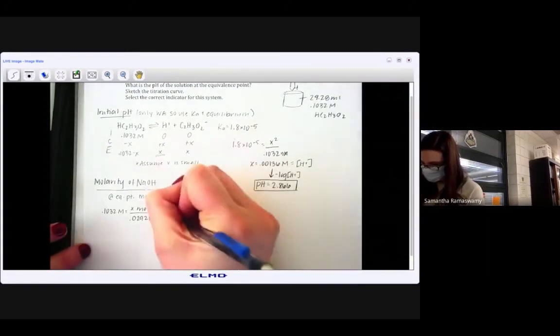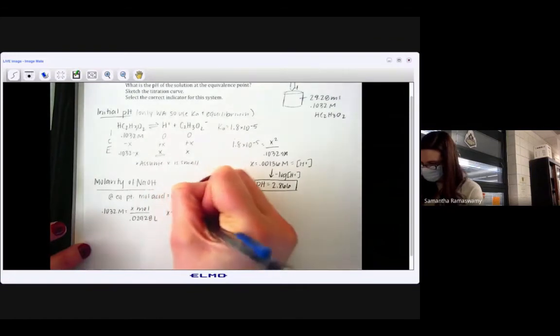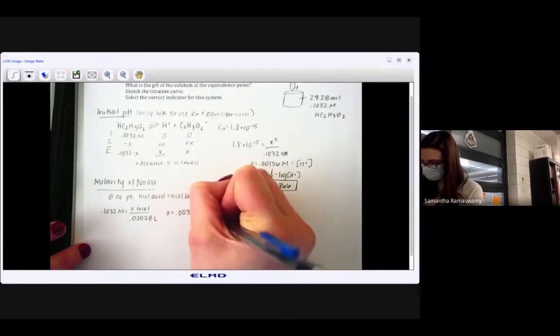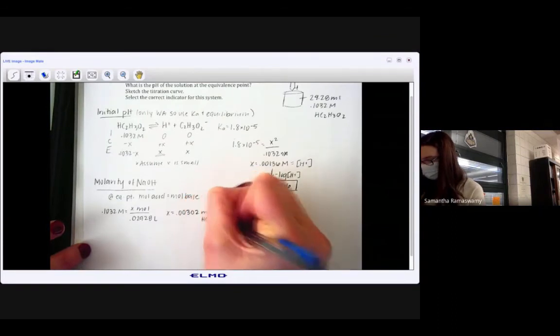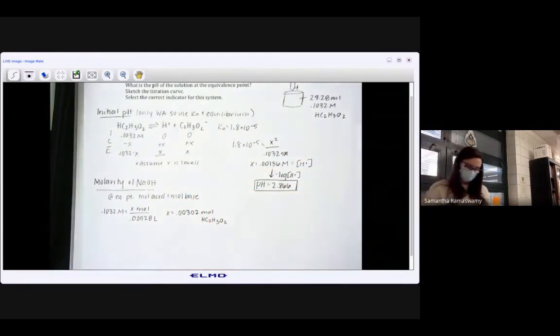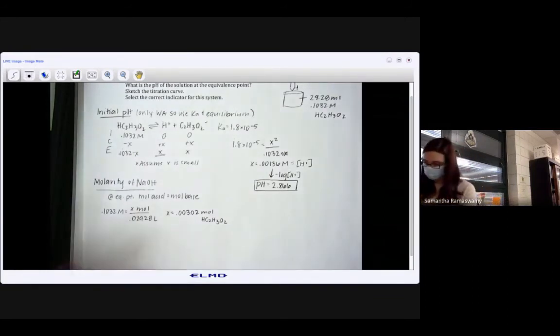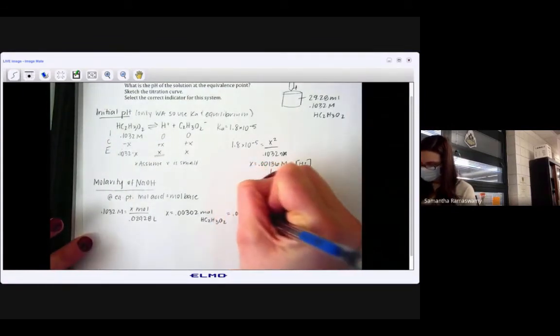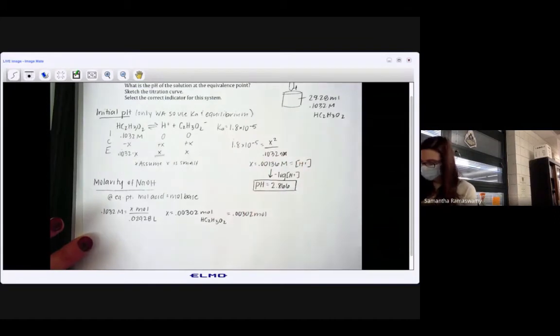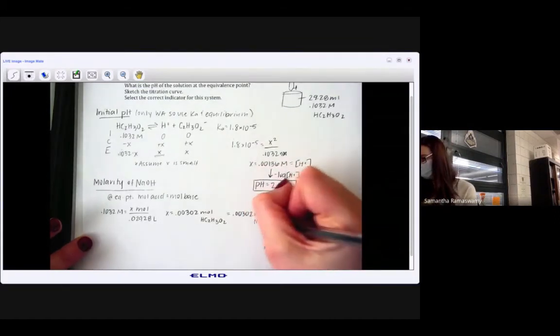So if I solve, there are 0.00302 moles of acetic acid in the beaker, which means at the equivalence point, we need an equal number of moles. So that means we have an equal number of moles of NaOH.